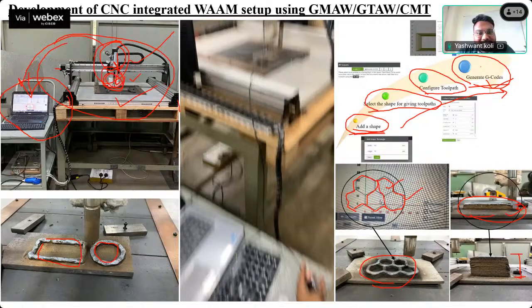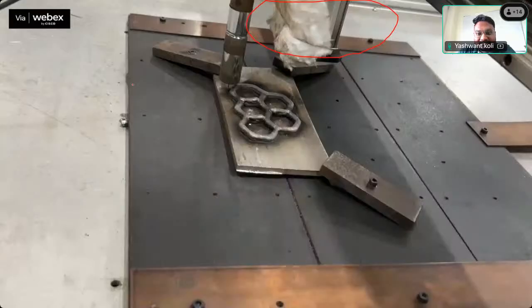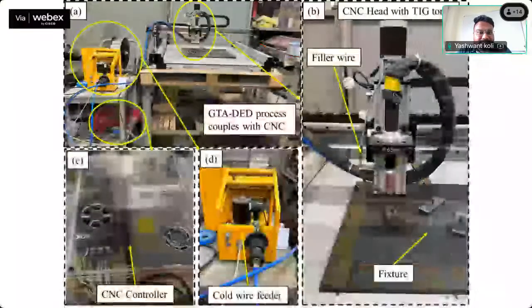This aluminum holder can't attain that temperature because the frame is made of aluminum 6061, which has a melting point of 650 degrees Celsius. During welding, the temperature is almost 2000 to 3000 degrees Celsius. So we are keeping this glass wool to protect against this temperature, just protecting the aluminum frame.